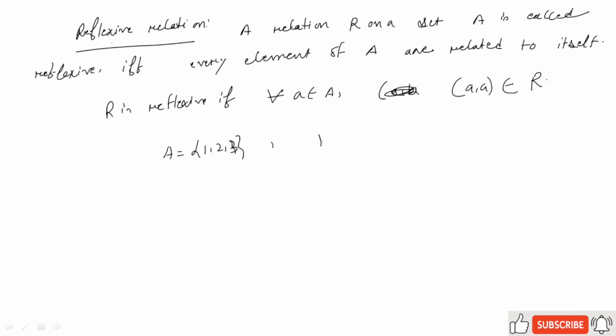Then R is a relation containing (1,1), (2,2) and (3,3). If these exist, then we call that relation a reflexive relation. That means the same element is related with the same element.